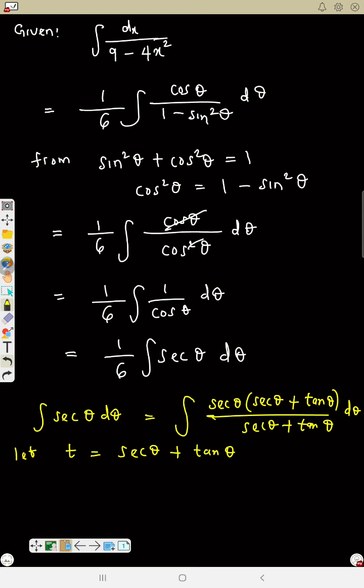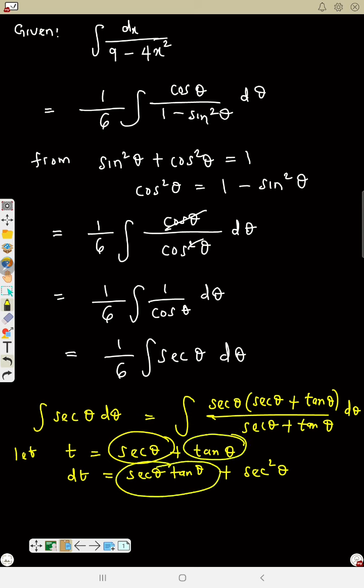Then dt will be equal to, if you differentiate sec theta, you will get sec theta tan theta, plus, if you differentiate tan theta, you get sec squared theta. Take note, if you differentiate sec theta, you get sec theta tan theta. If you differentiate tan theta, you get sec squared theta. Now dt, so this one will be d theta.